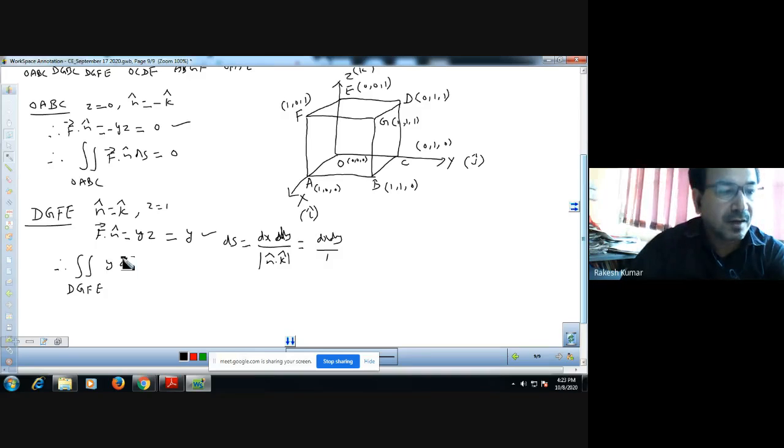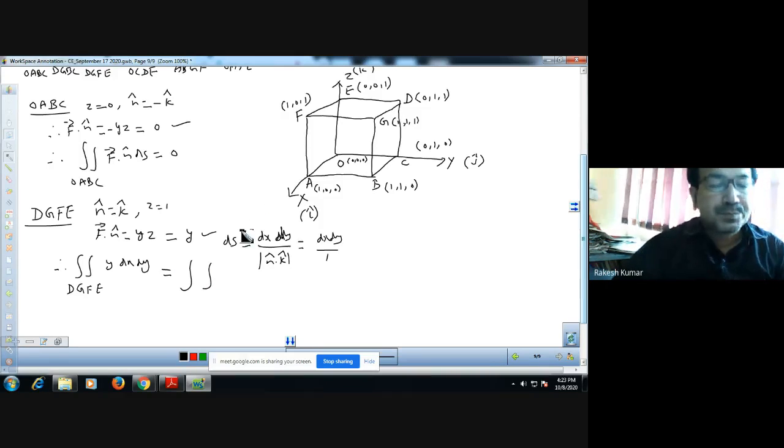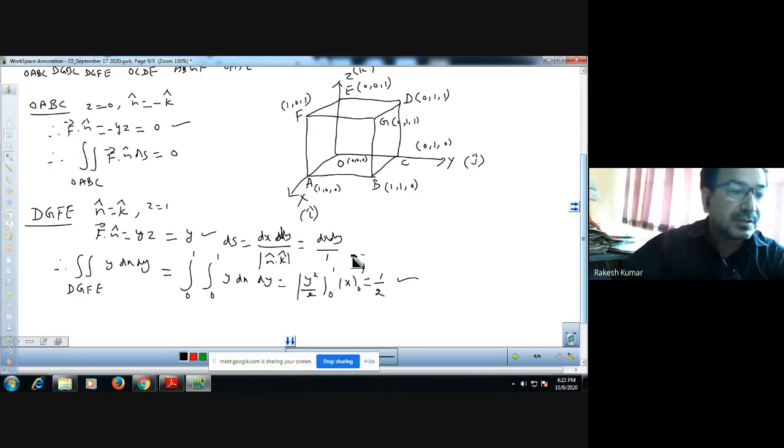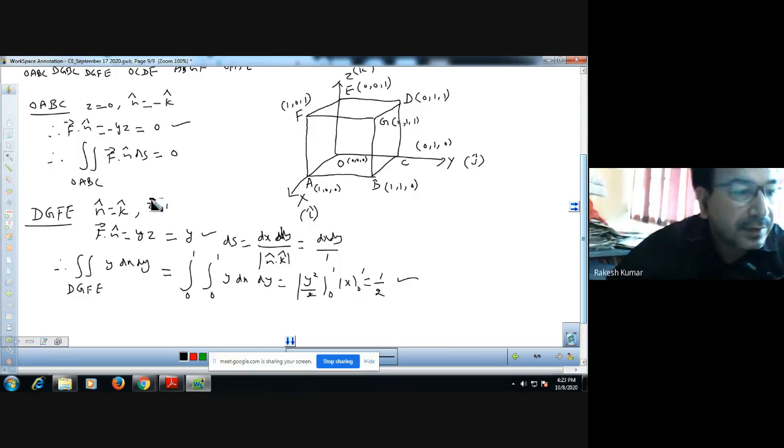So this is y dx dy. You can evaluate. And what are the limits of x and y along this? The limits of x and y are 0 to 1, 0 to 1, y dx dy. So this is y square by 2, 0 to 1, and this is x, 0 to 1. Ultimately it comes out to be 1 by 2. So this is the face value or the surface integral along this face.